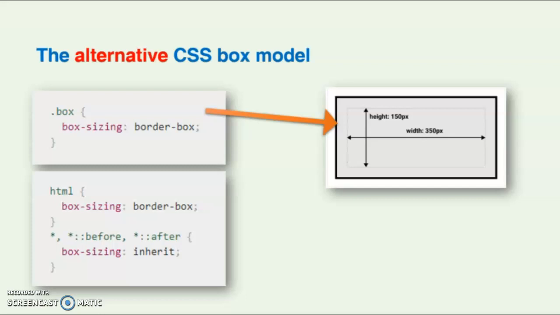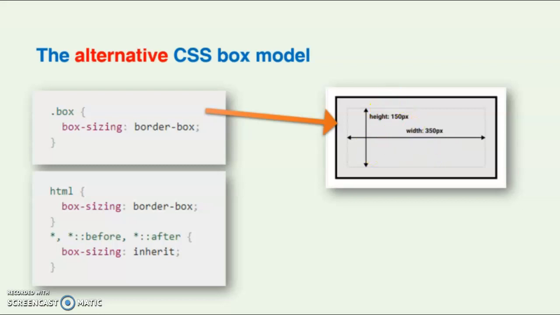Therefore, the content area width is that width minus the width for the padding and border. The same CSS used above would give the result of width 350 pixel and height of 150 pixel.